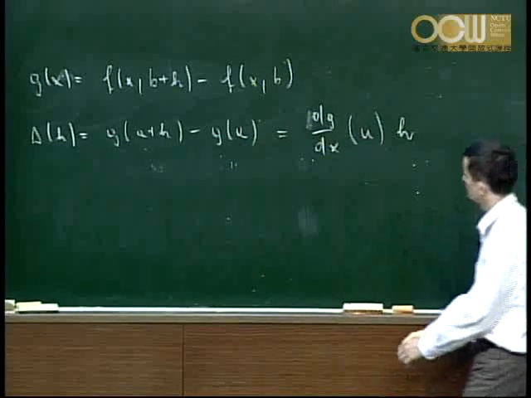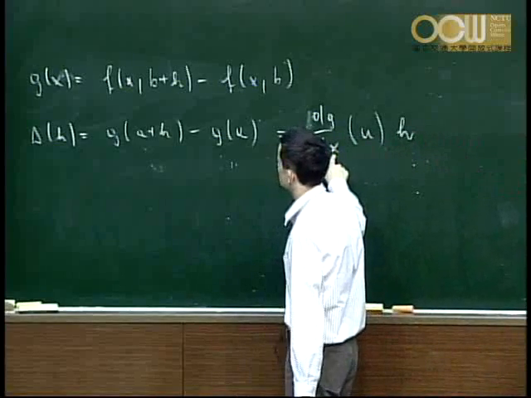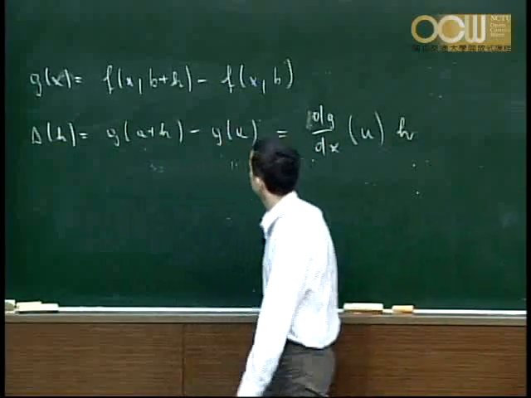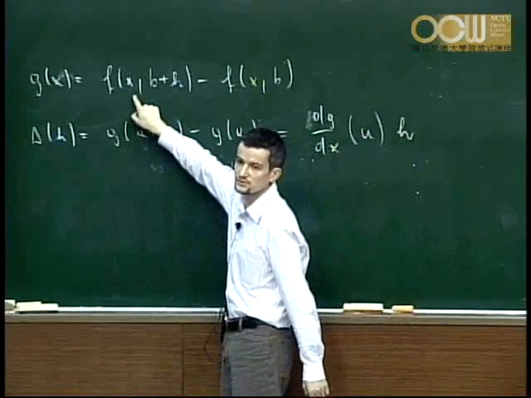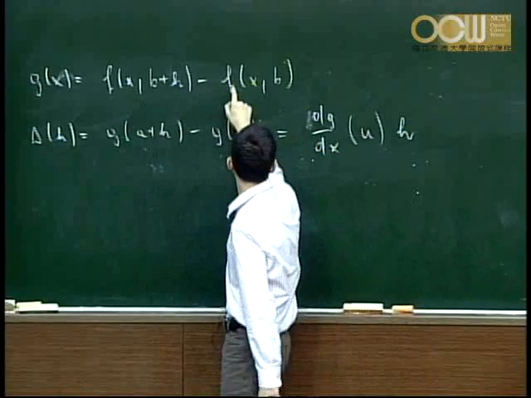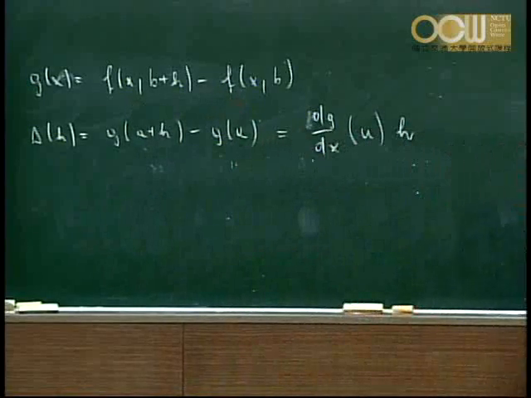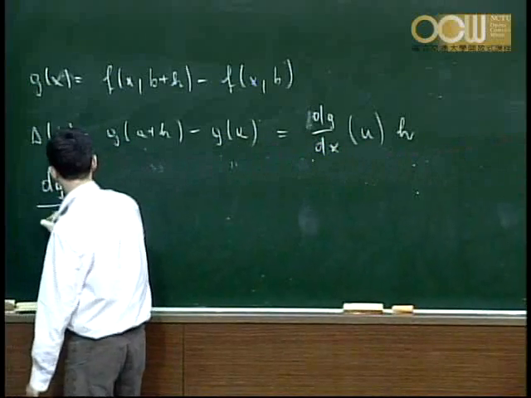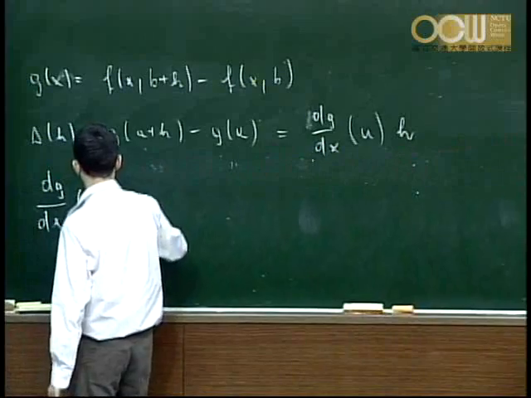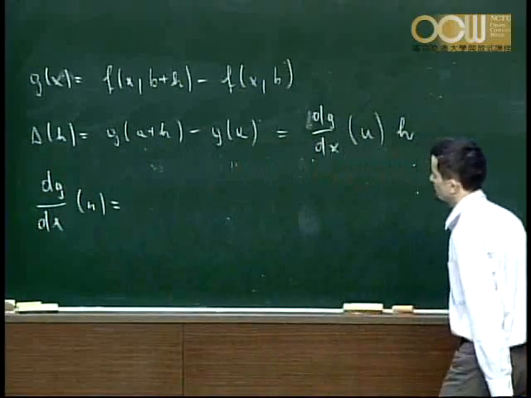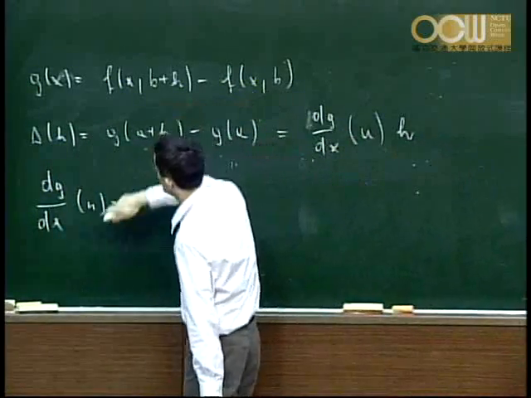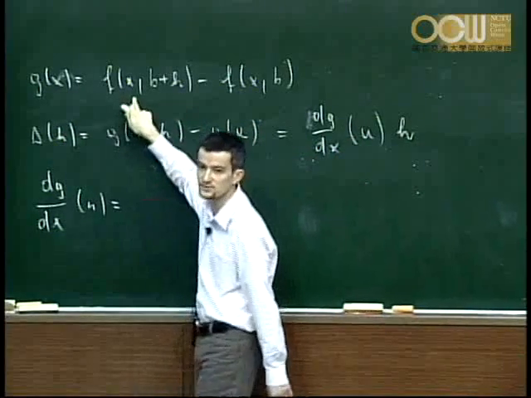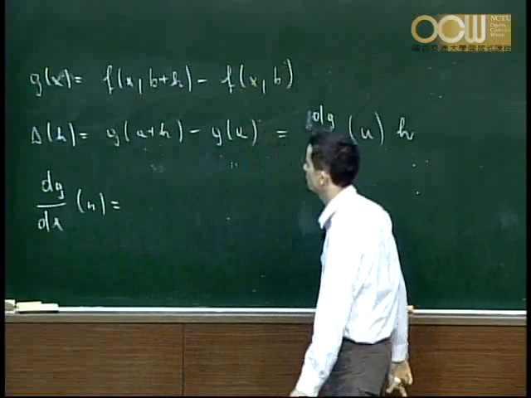But you see that what we do here is we differentiate this function with respect to x. We have the partial derivative here with respect to x and the partial derivative here with respect to x. So this one is equal to, by definition, because we take the derivative with respect to x of this function, the partial derivative of f with respect to x evaluated at u.